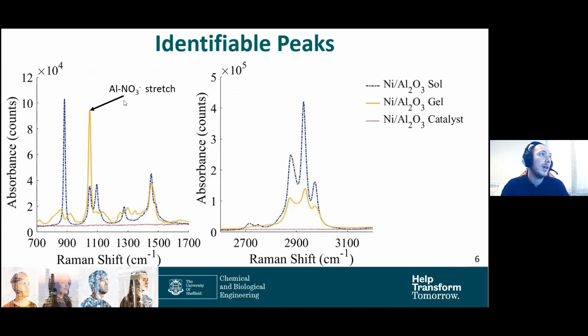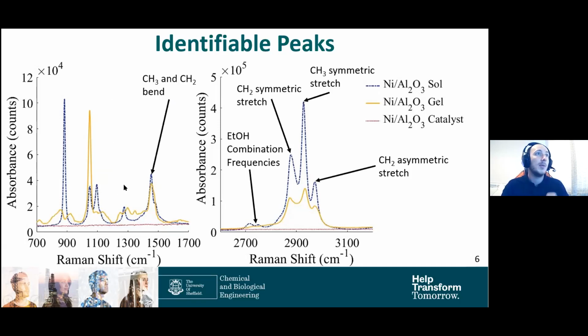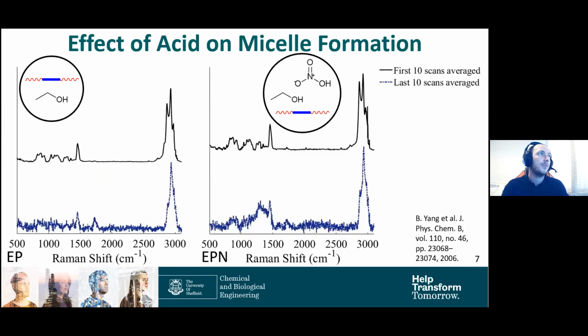And then we have an aluminium nitrate peak, which was much higher in the gel that we formed from the evaporation-induced self-assembly. And we have some CO stretches, which are from the ethanol and the Pluronic, which are asymmetric and symmetric. And then we have a lot of different CH associated frequencies, all to do with the ethanol and the Pluronic.